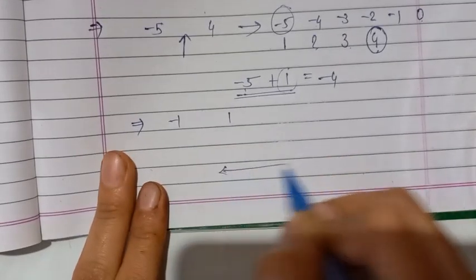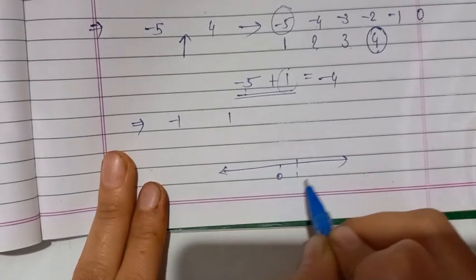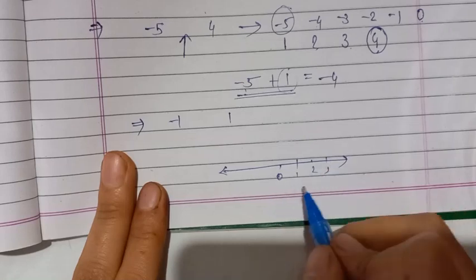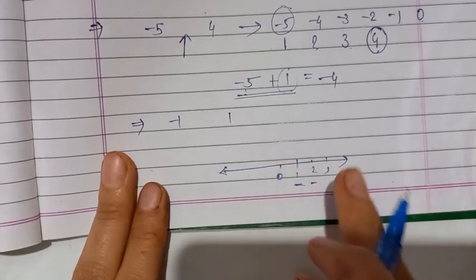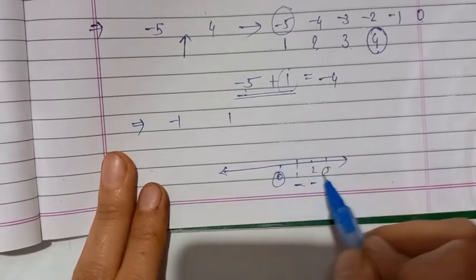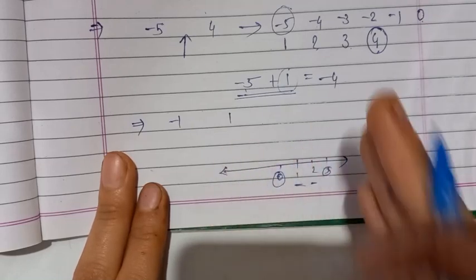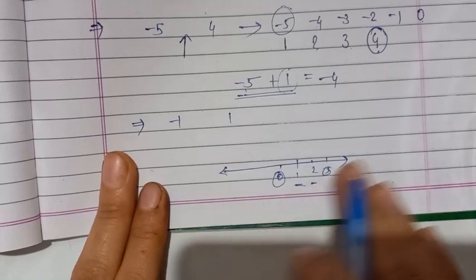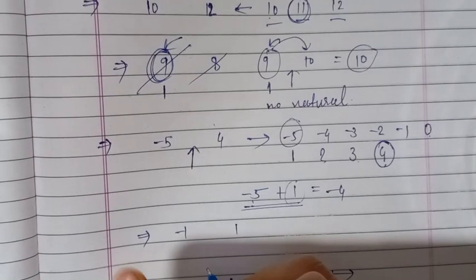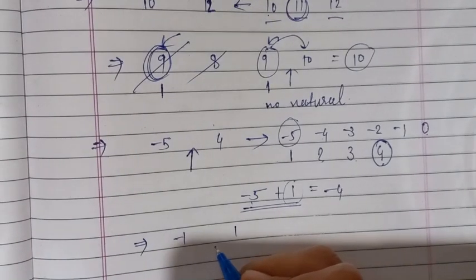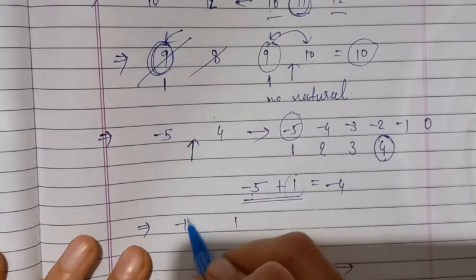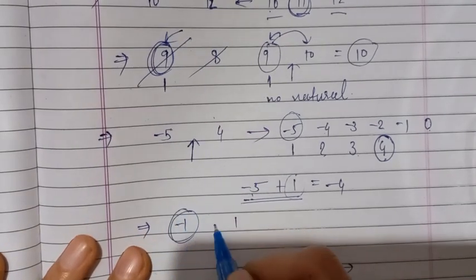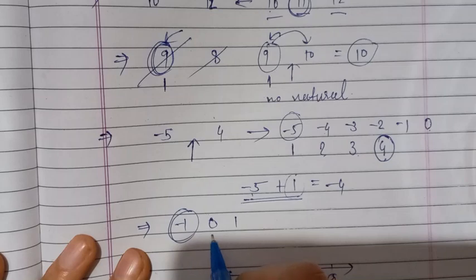If I draw a number line and write 0, 1, 2, 3, then 1 and 2 are sequential, but 0 and 3 are not. So the difference between consecutive integers is 1. If we add 1 to -1, we get 0. Again if we add 1, we get 1.